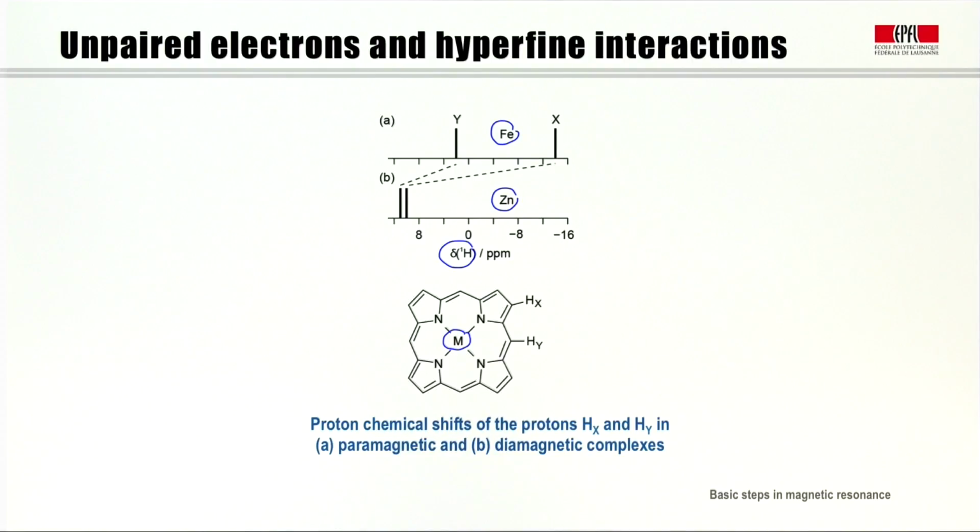And in fact, it's the rapid transitions between electrons in the alpha and the beta state which give rise to an average chemical shift, if you will, or an average position of the proton lines which depend on the environment.